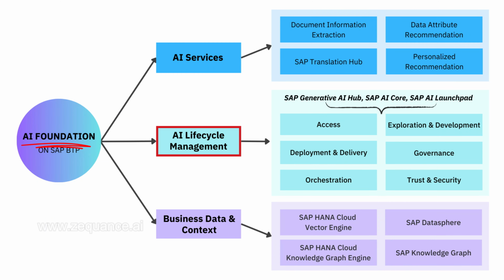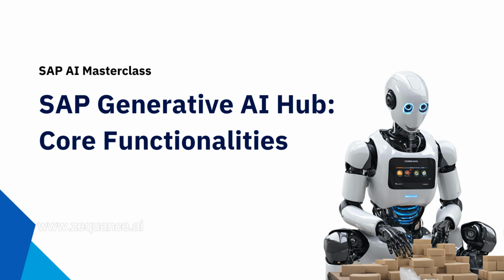SAP AI Lifecycle Management offers a comprehensive framework for building AI models, taking developers through each stage from model creation to training, accuracy, evaluation, and deployment. Within this lifecycle, the SAP Generative AI Hub plays a vital role, streamlining access to LLMs and enhancing AI application development across the SAP ecosystem. Let's explore its core functionalities in detail.